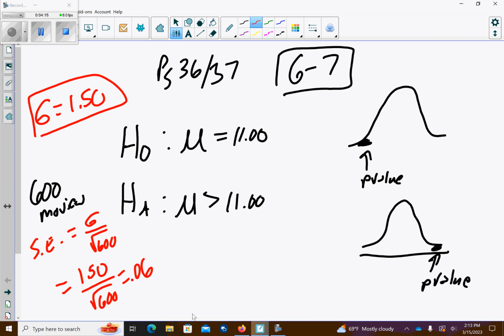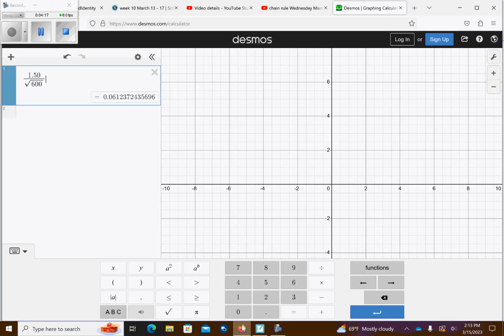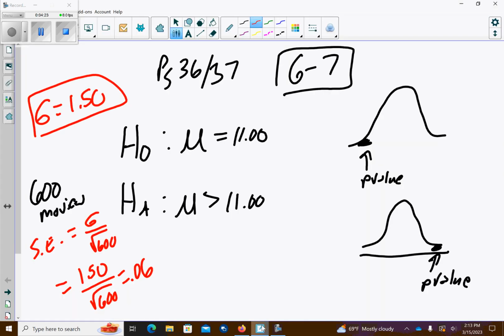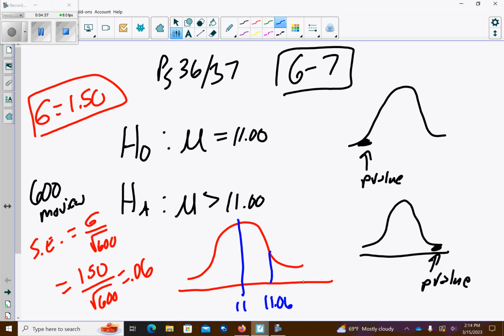I think I did that right. Let me just go back and double check. $1.50, our standard deviation, over the square root of 600. Yeah, we're good. So if we draw our normal curve out of this, we're going to say, okay, 11 is here, and then 0.06, $11.06, $11.12, $11.18.